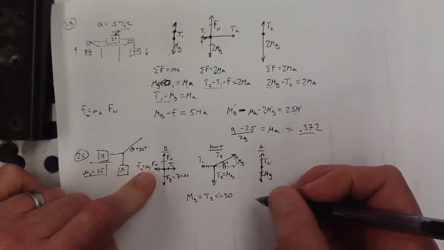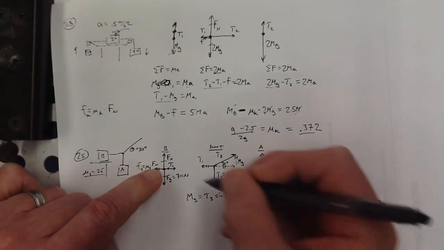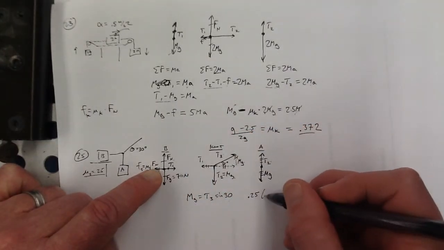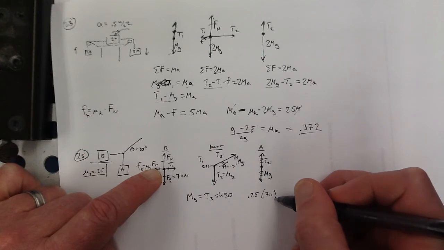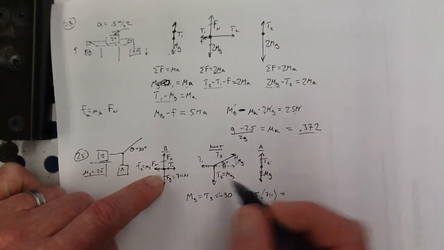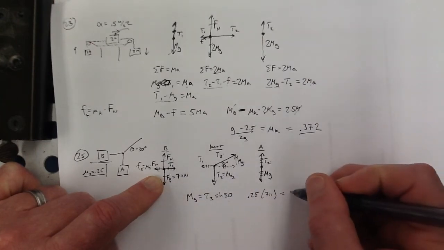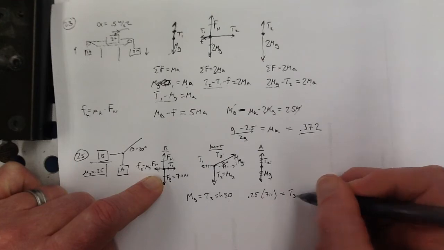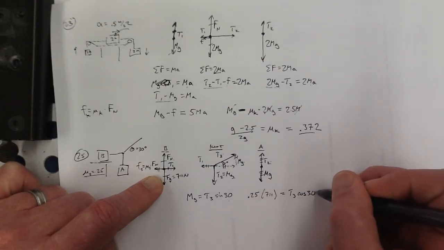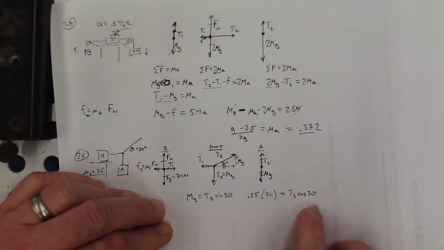The force of friction, which is 0.25 times the normal force, which is 711, that is equal to T1, which is equal to T3 times the cosine of 30. So I think we got an equation here.